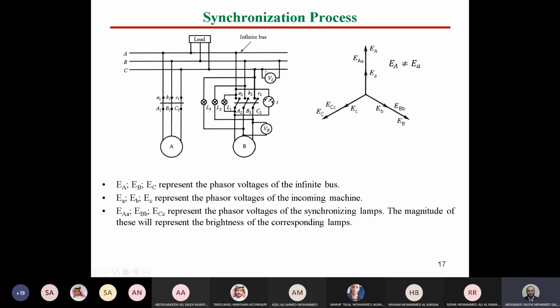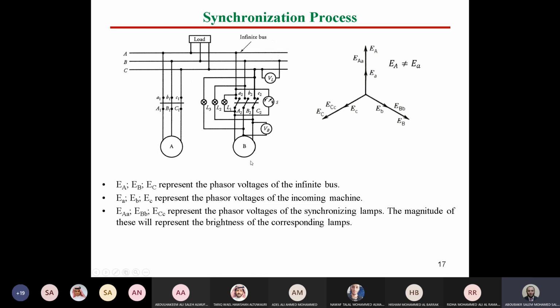And we also have a relay that can recognize the phase sequence, ABC here and ABC there. These three conditions are not sufficient to connect the generator because we still have one missing condition, which is the phase shift. So we have to fulfill four conditions together.